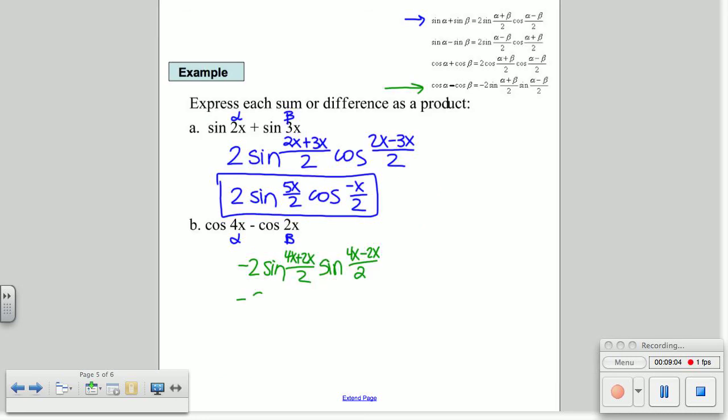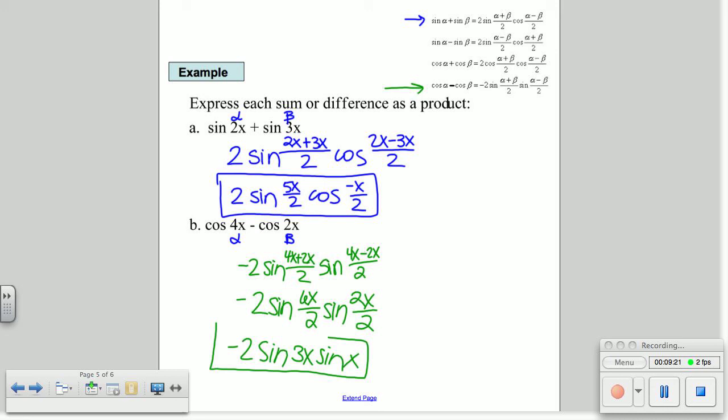We'll simplify a little bit here. Negative 2 times the sine of 6x over 2 and 2x over 2. And this one actually reduces a little bit further. Our fractions turn into 3x and x. So there's our final answer.